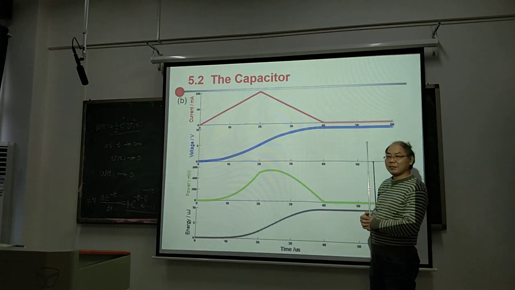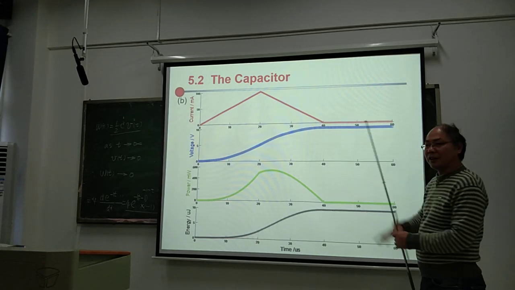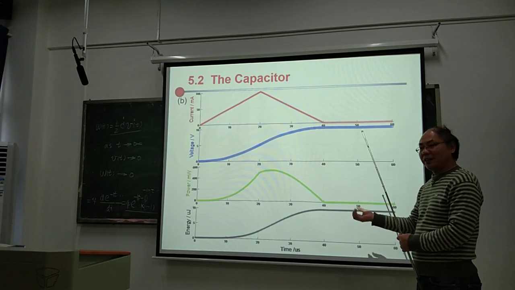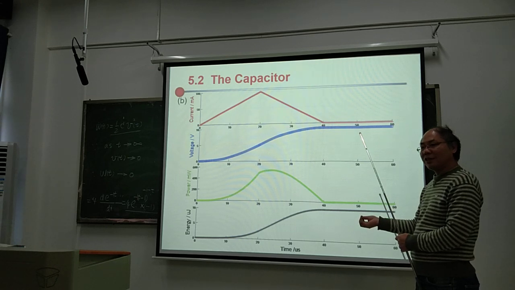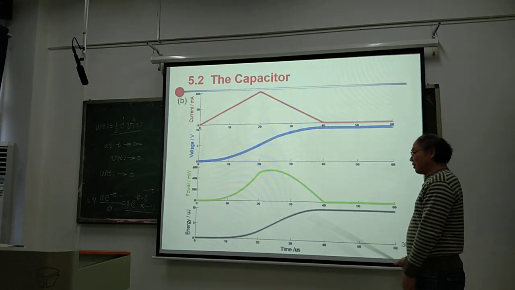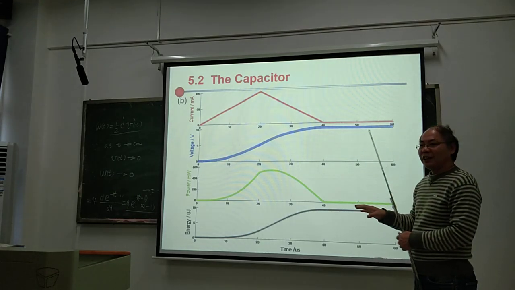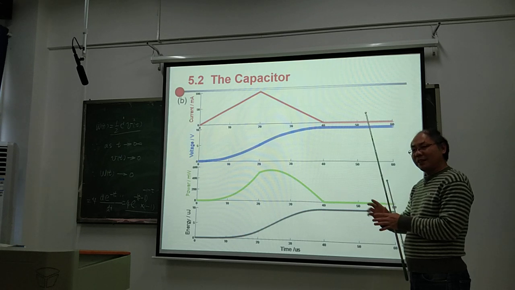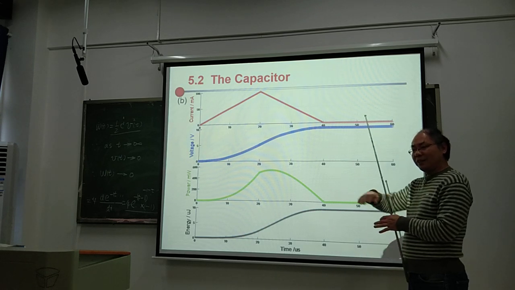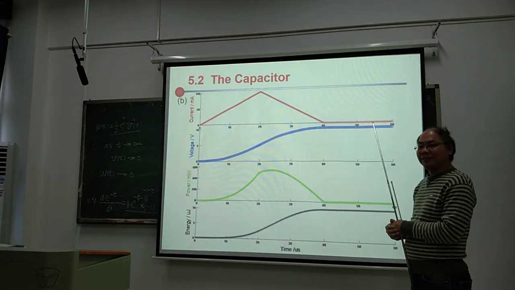So it can be even an open circuit. So this energy is stored in the capacitor. This is a stored energy device. But this is an ideal capacitor. If a real capacitor, maybe the energy may leak slowly.